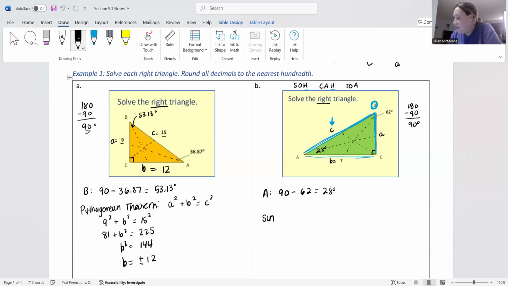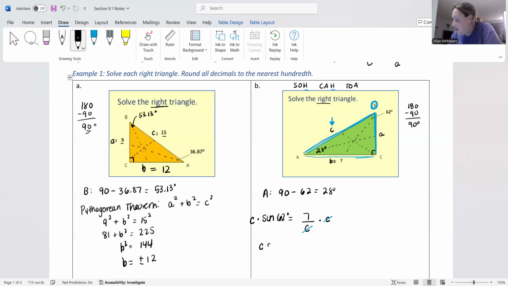So if I'm looking at sine of 62 degrees, that's going to equal the side opposite that angle, which is 7, over the hypotenuse, which is unknown, but we're going to go ahead and call it C. And believe it or not, this is enough information to solve, okay? If I multiply both sides of this equation by C, I'll notice that on the right, the C's just divide out to be 1. 1 times 7 is just 7.